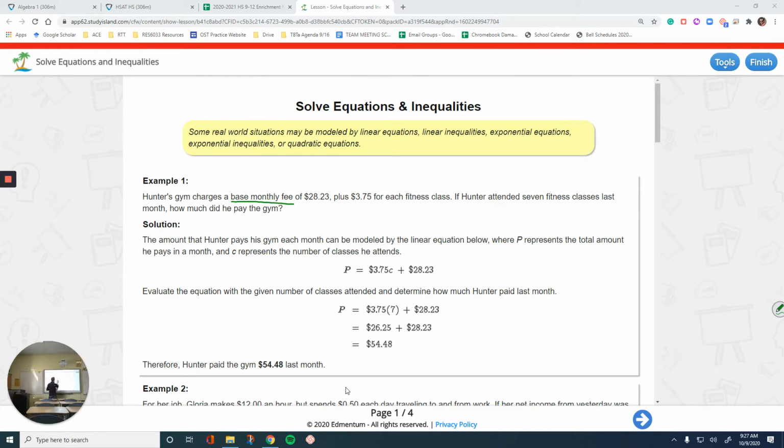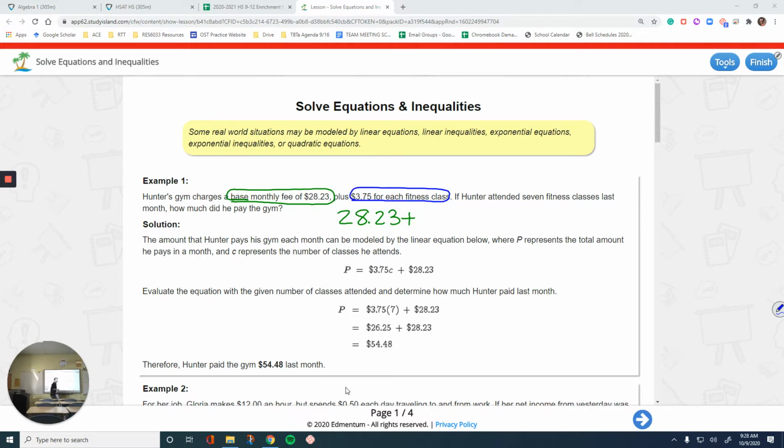If you see these words, base monthly fee of $28.23, plus, this is the base monthly fee, she pays this no matter what, plus $3.75 for each fitness class.